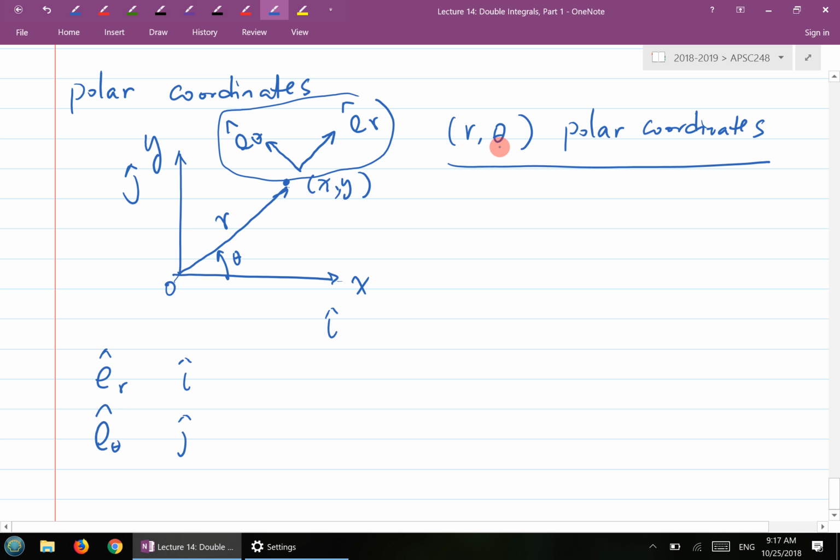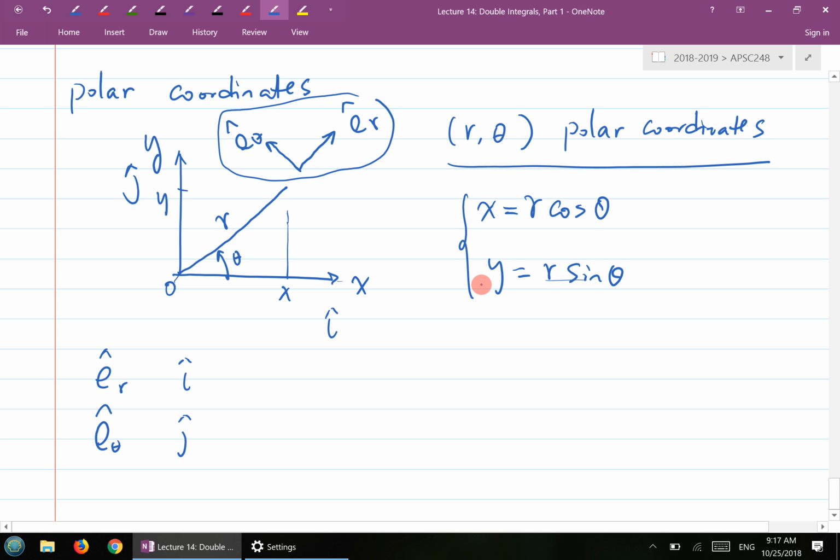And it's also very simple to establish the connection between r, theta and x, y. If this is X and this is Y, I can use very simple geometry. This is a right triangle, so I get X equal to r cosine theta, and Y equal to r sine theta. So that's the connection between polar coordinates and Cartesian coordinates. Very straightforward.